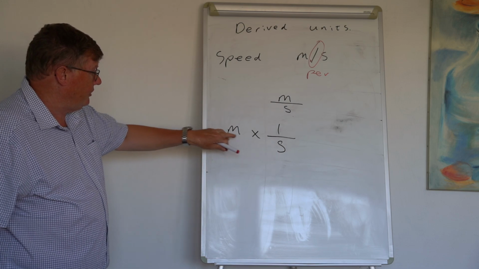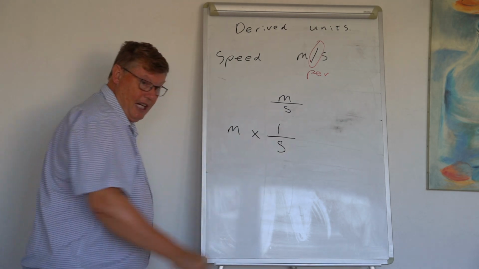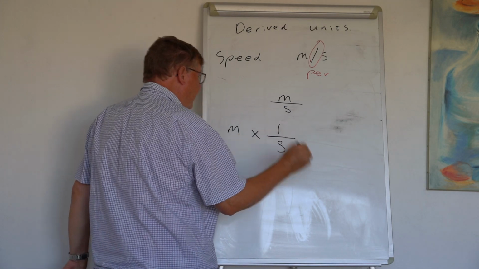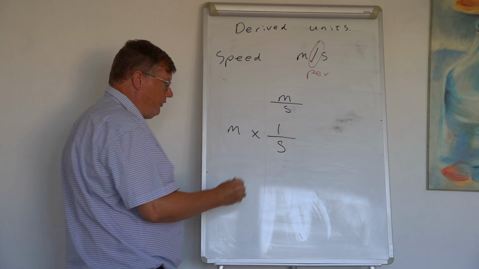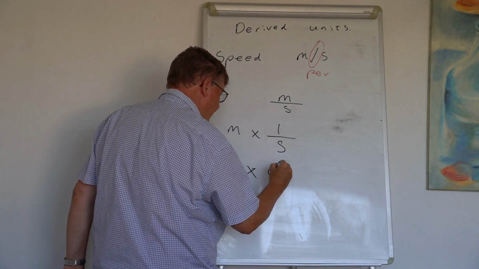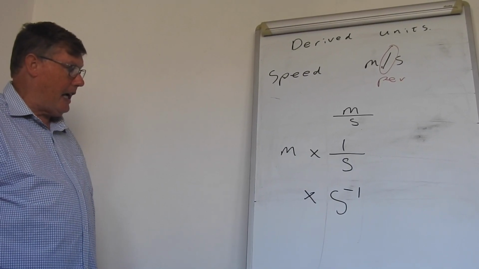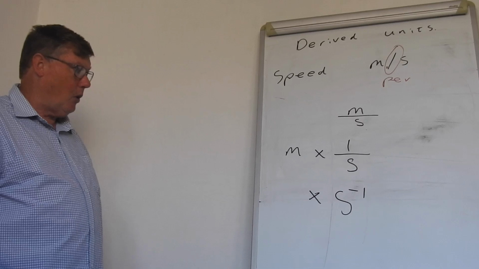It's the same as meters times 1 over s. That's exactly the same as meters divided by s. And when I multiply by 1 over s, we can often say it's the same as being multiplied by s to the power of minus 1. S to the power of minus 1 is 1 over s.